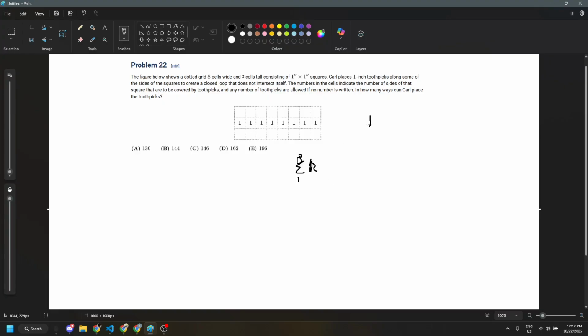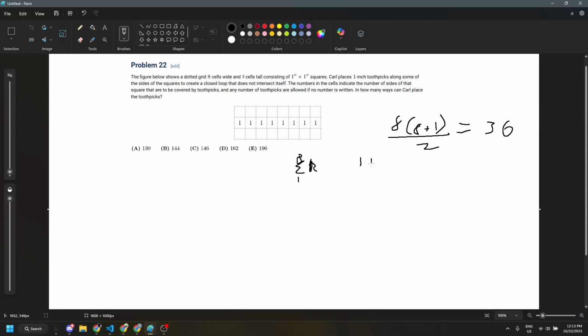I think it's n. Wait, I'm gonna guess it's n times n plus 1 over 2, which is equal to 4 times 9, which is 36.